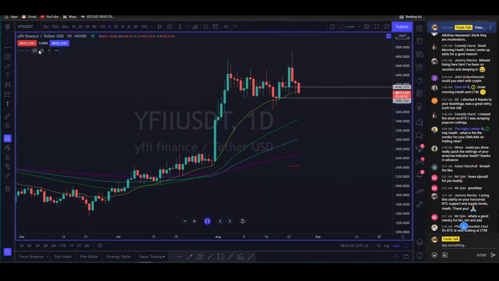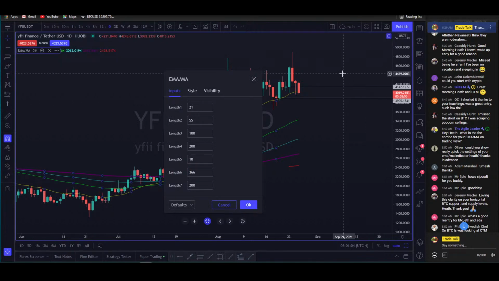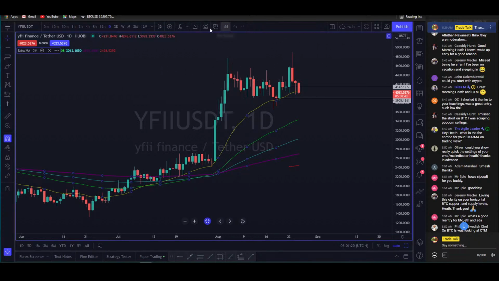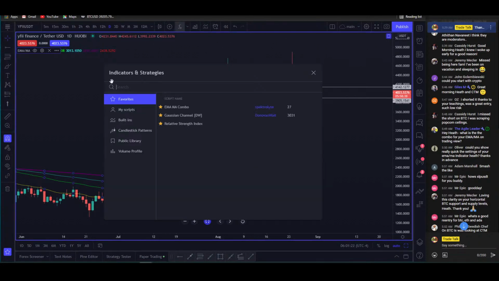What is the combo for your EMA, MA on TradingView? Let's go look at it, because I'm not exactly sure. Right there it is. The inputs are 21, 55, 100, 200, and a big one, 377. I didn't touch these, so these are all default. If you just type in EMA MA combo, you'll get literally 1,000 of them.